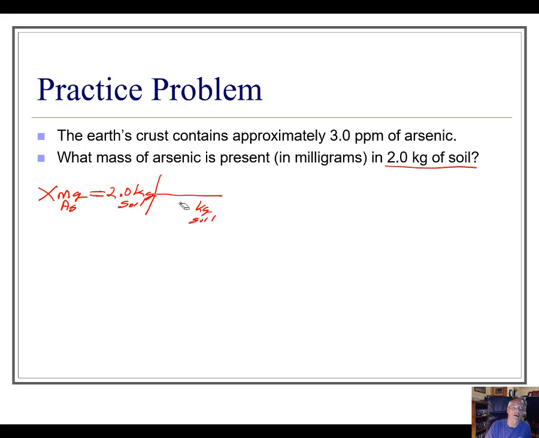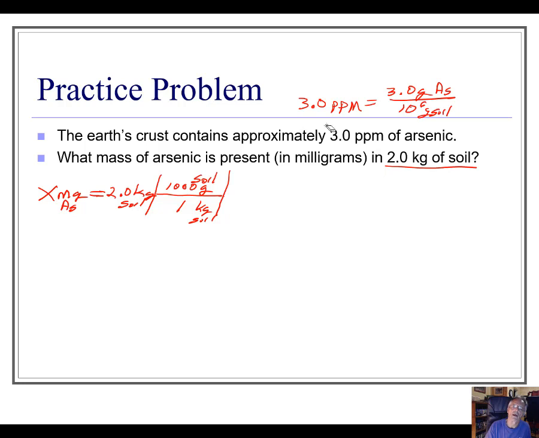1 kilogram of soil is equal to 1,000 grams of soil. Now, 3 parts per million, what does that actually mean? Well, 3 parts per million is 3.0 grams of arsenic per million grams of soil.